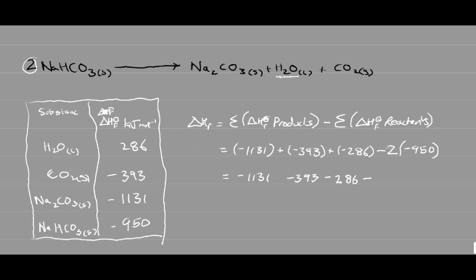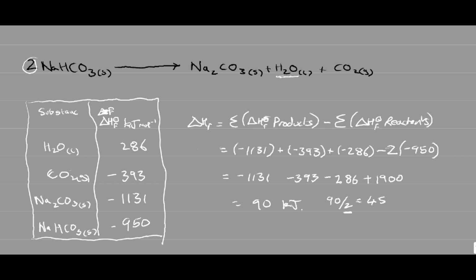This all comes out to plus 1900. And the answer is 90 kilojoules. So if we need that in terms of kilojoules per mole, we need to divide it by 2. So 90 divided by 2 equals 45.